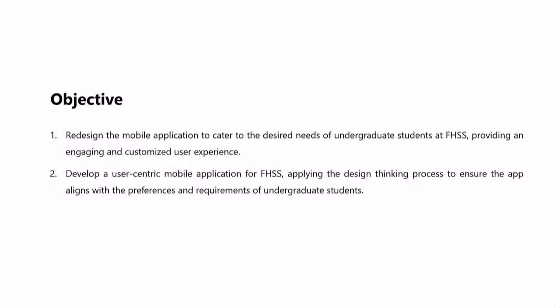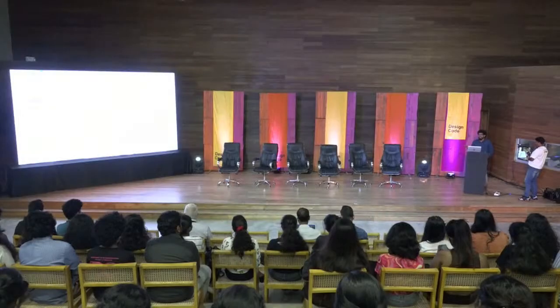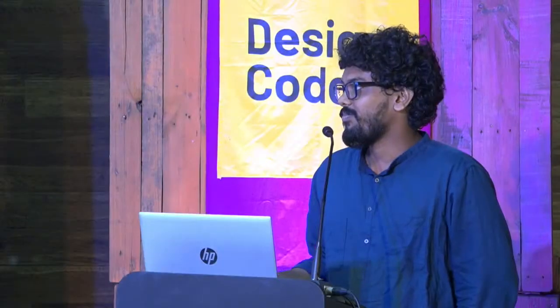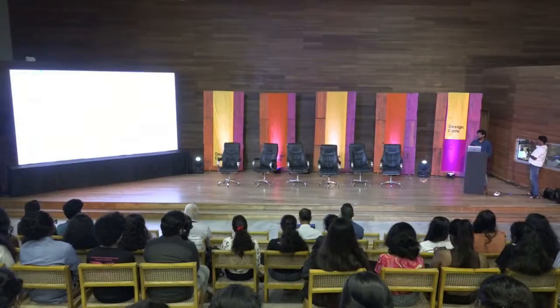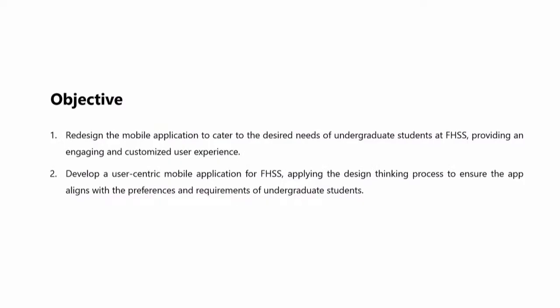Why would we want to download this app from the App Store, and there are a lot of apps currently, right? So my main objective was redesigning a good user-centered mobile app, going through the design thinking process, and creating a good mobile app for the students.